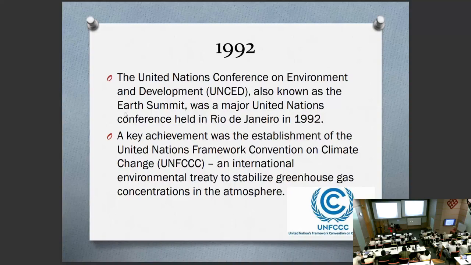So it is a treaty that set out the general principles and commitments for addressing climate change. It states the principles of reducing greenhouse gases and then the commitments. So the countries should do certain things, but it is non-binding. Non-binding means it is not legally binding.